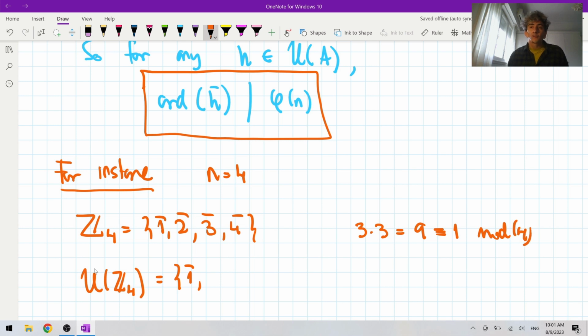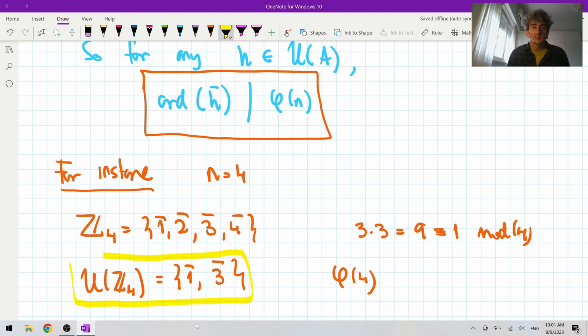So the class of 3 has the class of 3 as its own inverse. Okay, so here what we have is that phi of 4 is the number of elements in this set, and that is 2.